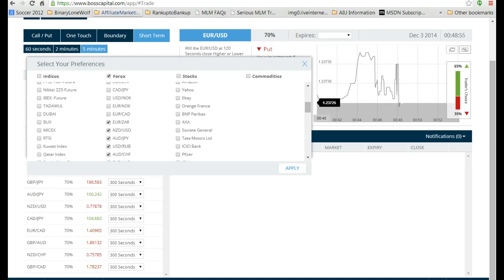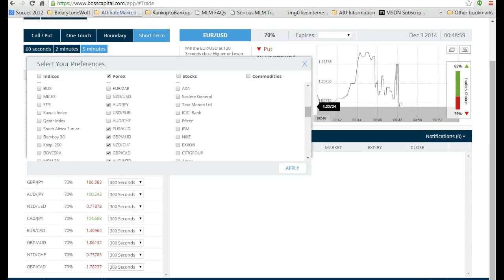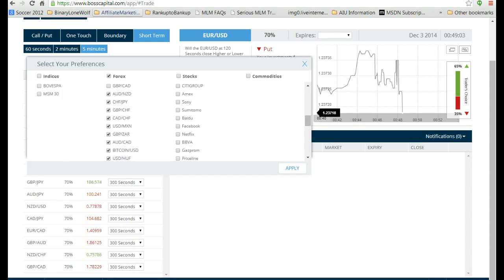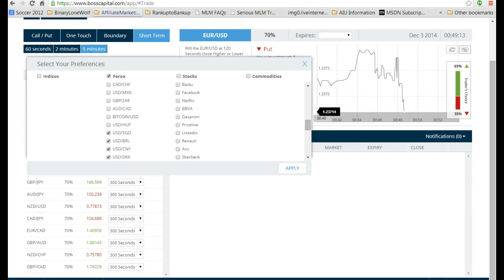After you have selected all of the ones that you know you'll trade, you can click on apply. I am going to just uncheck all of these. As you can see, they've added Bitcoin, which is kind of interesting.